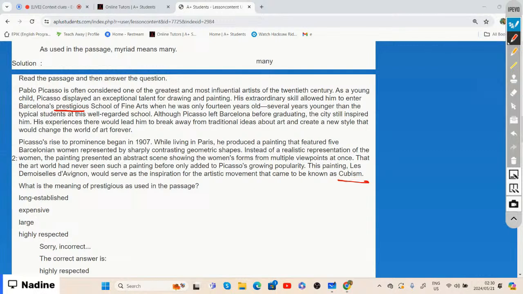So, prestigious is long established? Does prestigious mean expensive? Does prestigious mean large? Or does it mean highly respected? Because they're saying that his extraordinary skills allowed him to enter Barcelona's prestigious School of Fine Arts.